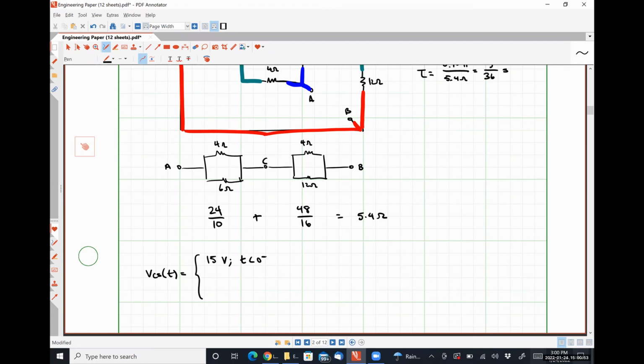At 0 plus, it was 11.25. At infinity, it was 10. So we will have 11.25 minus 10, or 1.25 e to the minus t over tau. So that's going to be the reciprocal of 5/36, so 36 over 5 t, plus V_CS at infinity, which was 10 volts for t greater than or equal to 0.